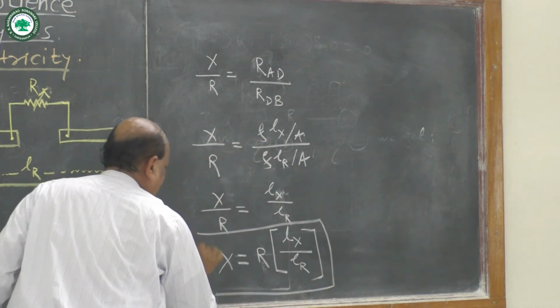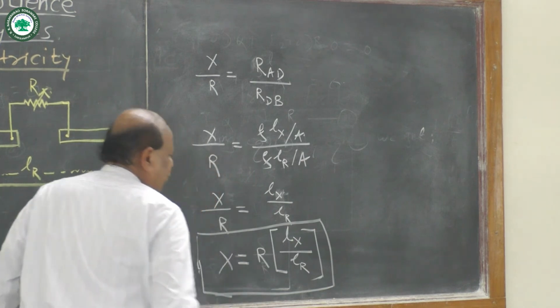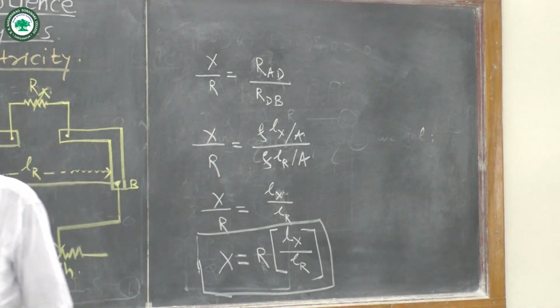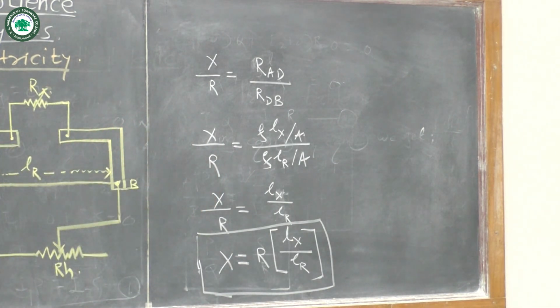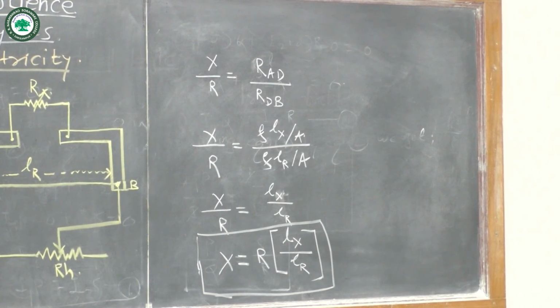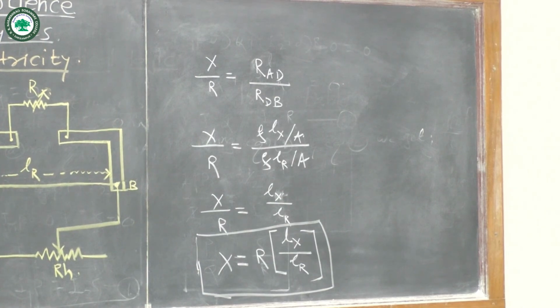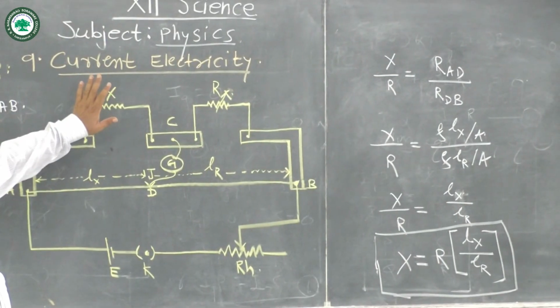This is the value of unknown resistance. Using this formula, X is equal to R in bracket LX by LR, we can calculate the unknown resistance X.